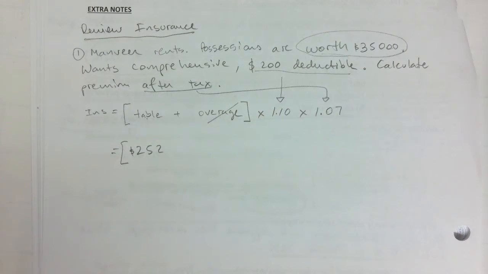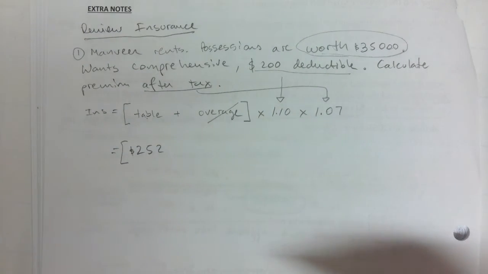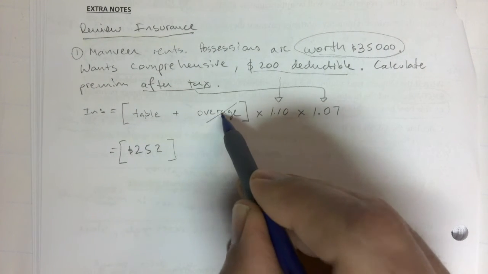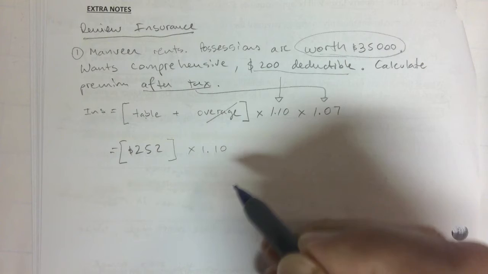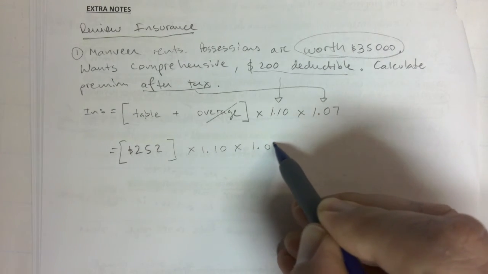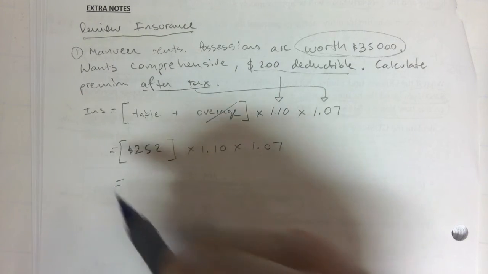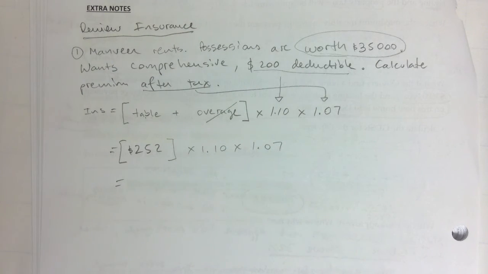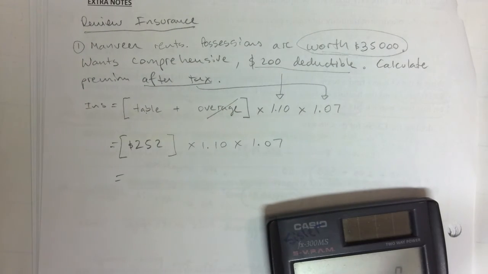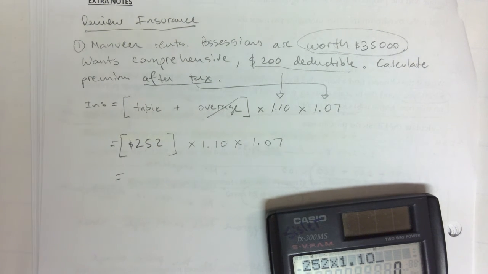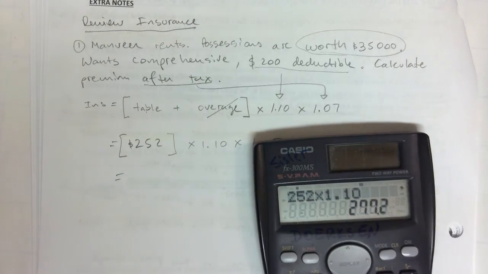We're not going over the maximum, which is 75,000, so we don't need to worry about that. We just multiply by 1.10 and then 1.07. I would do one step at a time. So 252 times 1.10 gives you 277.20.